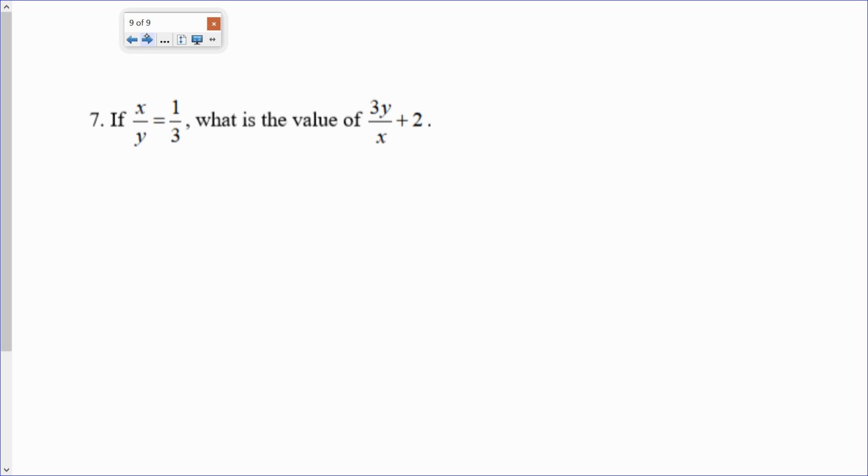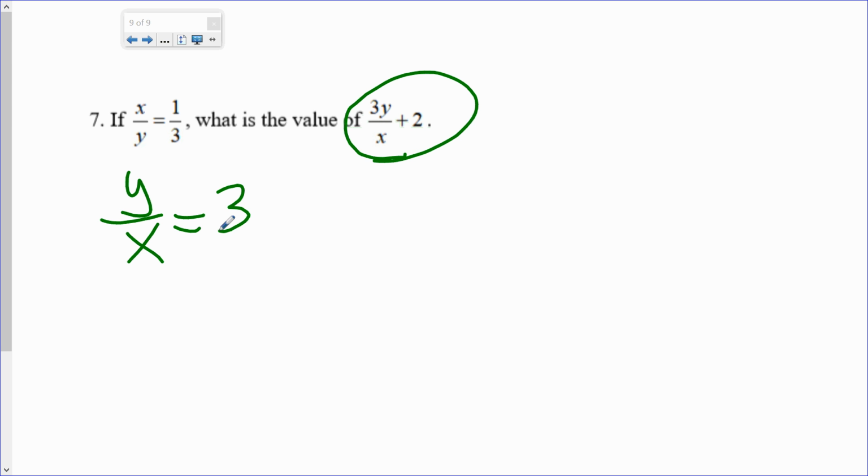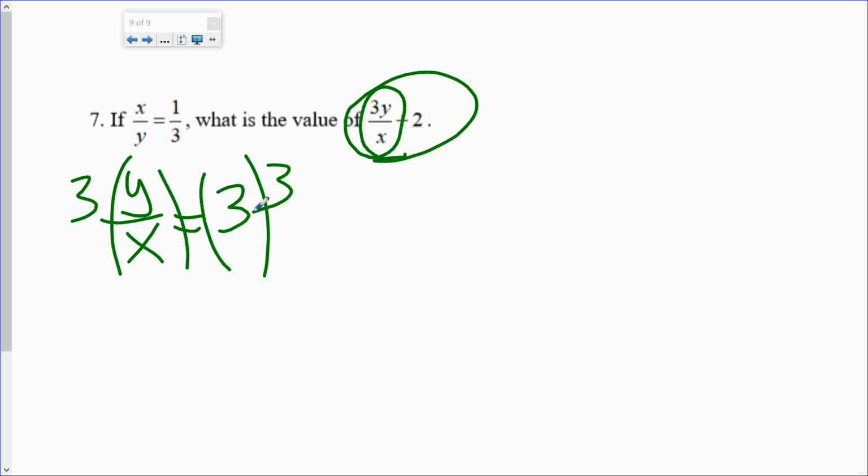Okay, so I want 3y over x plus 2. Right now I have x over y, so I'm going to start by making it y over x equals 3. Now, I don't want y over x, I want 3y over x, so I'm going to multiply both sides by 3. 3y over x equals 9.